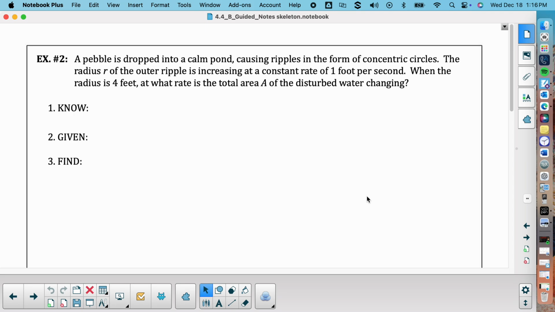But if you have a 4 foot circle, like this would be the radius, that's a relatively large circle. And adding 1 foot onto a large circle may not look very big, but that's actually a lot of area that's changing. So it wants to know what's the rate of change of the area at the 4 foot mark.